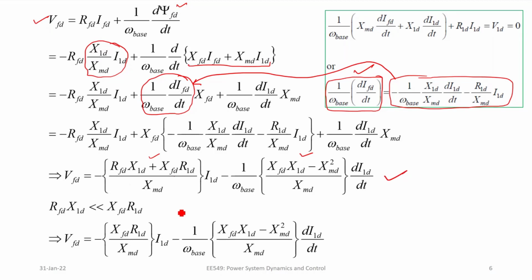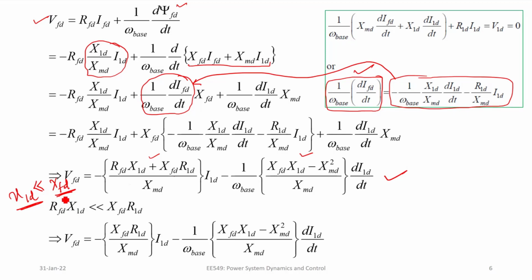I1D, right? Now, with a little assumption, because we know that X1D is less than XFD always. It is quite less, right? Because this is the reactance of the field winding, this is the reactance of the damper winding. So of course, the damper winding reactance is very less.